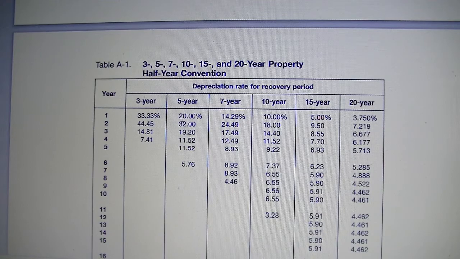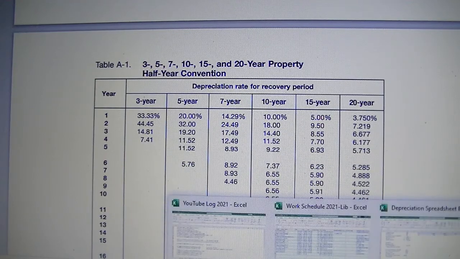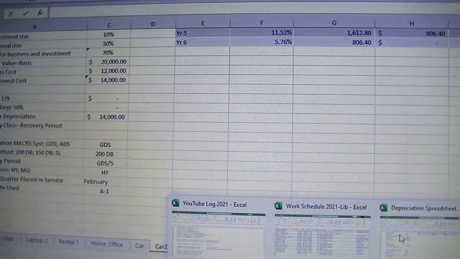So we'll copy the rate from under the 5-year column, and we'll recover the cost of the car, the business and investment use portion, for 6 years. But we will use the 5-year recovery period rates, and that's 6 rates there, from 20% to 5.76%.